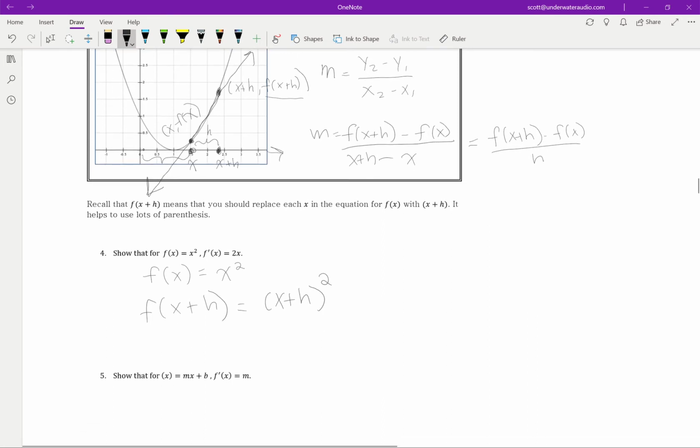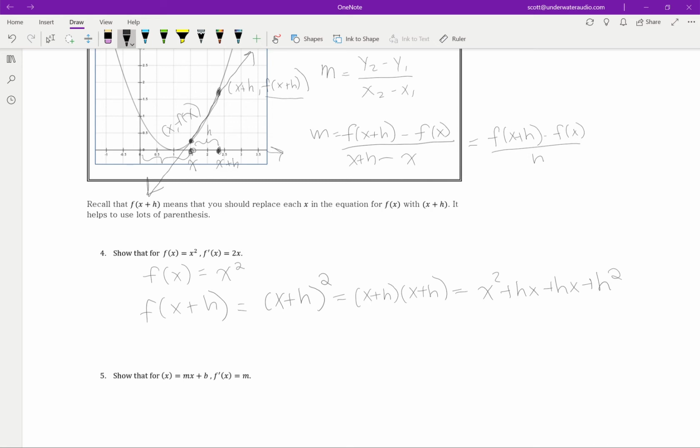All right, so then I'm going to multiply that out. So hopefully you remember, if something is squared, that means you multiply it by itself. So that would be x times x is x squared plus hx plus hx plus h squared.